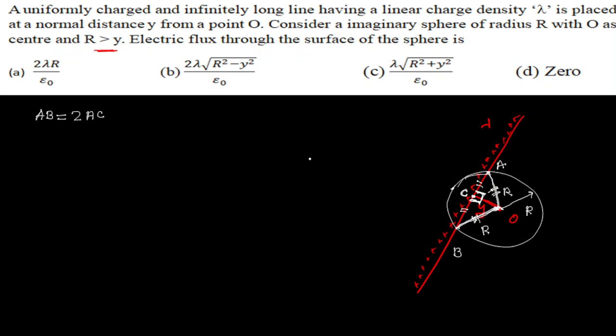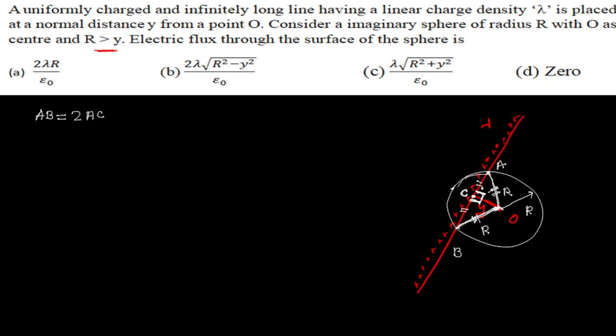By the way, before solving this question, what is the concept of this question? We have a line-charge-carrying wire and we have a closed surface. This charge-carrying wire passes through the sphere, so some portion of the line will lie inside the sphere.